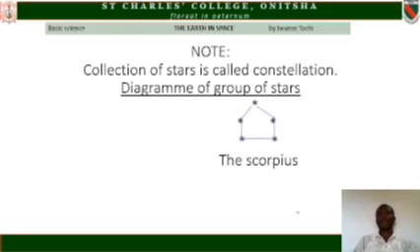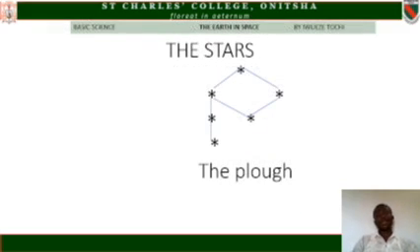Look at the one that you are seeing on the screen now, that is the Scorpius. Look at how the shape is. The shape is different from that of Pegasus, is different from that of Orion. Now here is the Plough. Look at the Plough is different from that of the Scorpius.